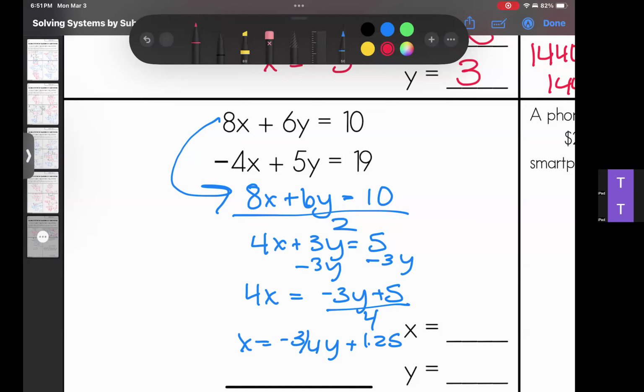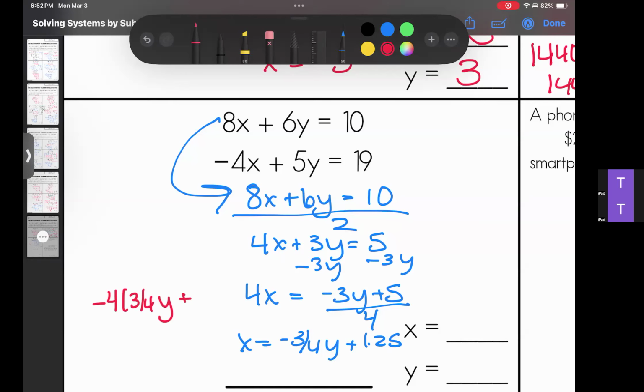Okay, so we use that equation, so we're going to come in here and do negative 3/4 y plus... There's got to be a better way than this.